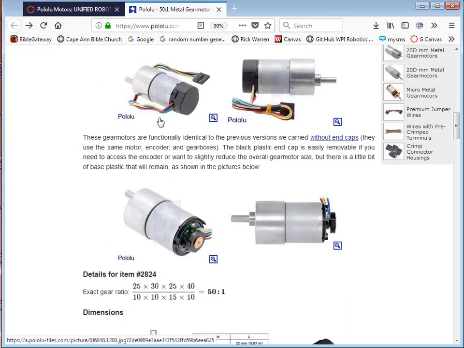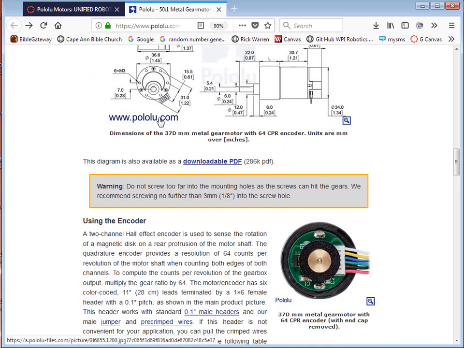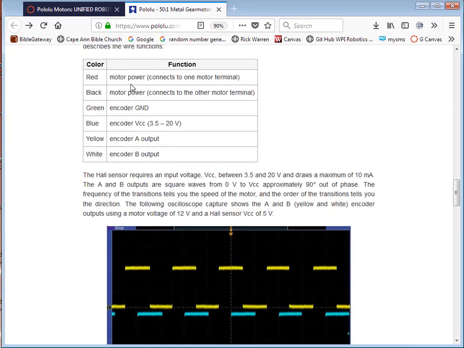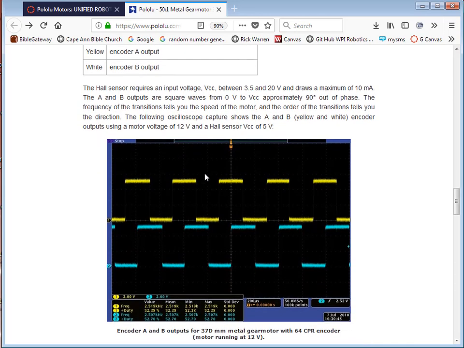But anyways, if we look back at this motor again, you can see that what each of the wires does is listed here, right? These are the wires for the encoders, and there's a quadrature. In other words, they're approximately 90 degrees out of phase.